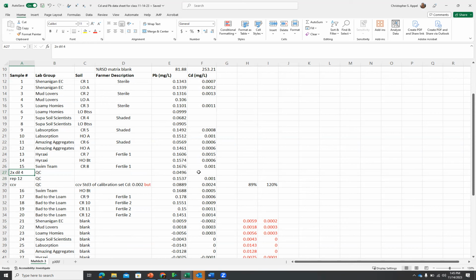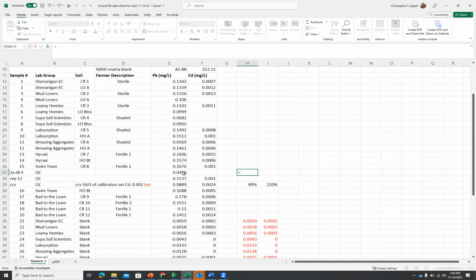And all that I'm going to do is, I can't determine it for cadmium because our cadmium value is below our method detection limit. So all I'm going to do is do my diluted sample times the dilution factor divided by the undiluted sample. So in other words, my diluted sample for lead is here, right?